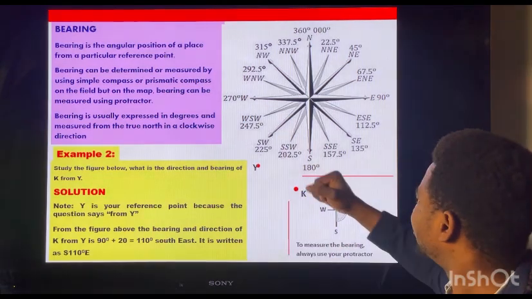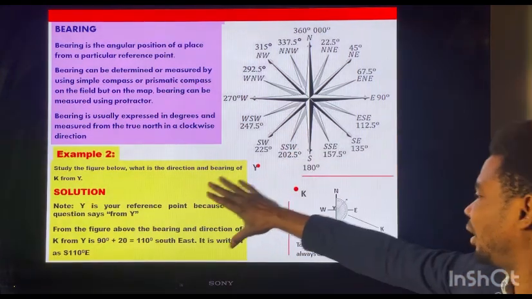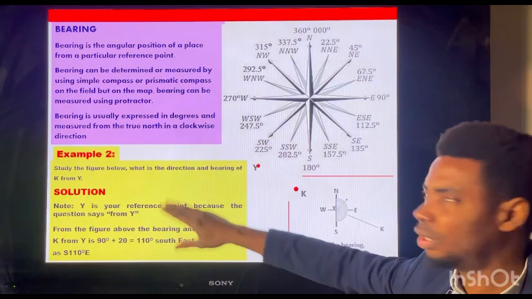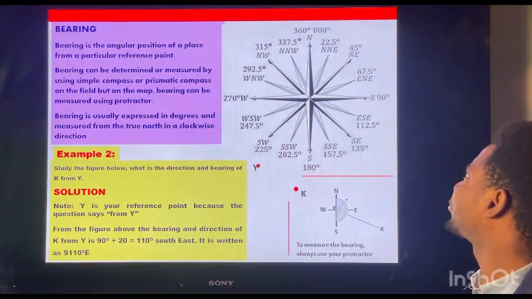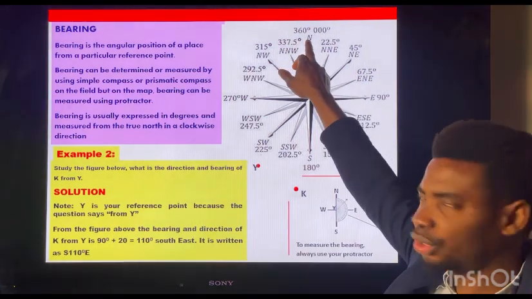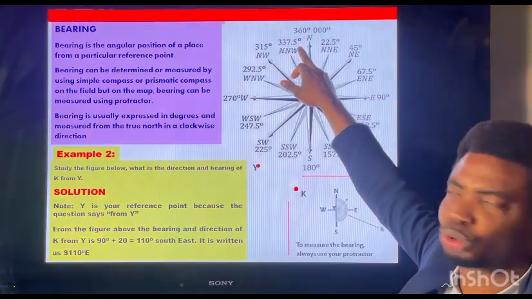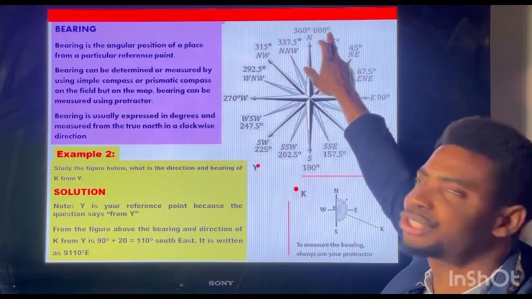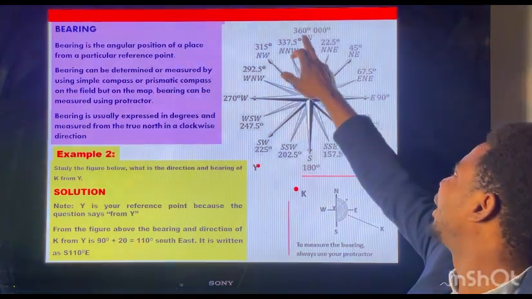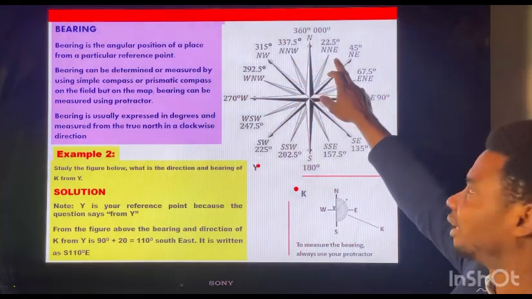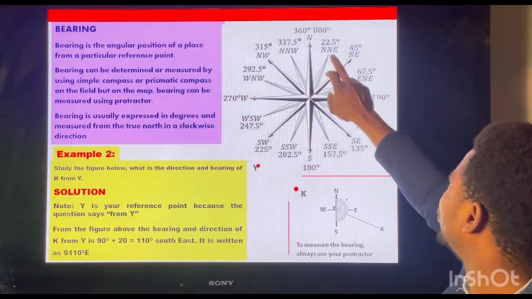Now look at this. But before we even treat the example, look at the cardinal points and look at the bearing. This is your north, and your north corresponds to 0 degrees, and from there you can move in this clockwise direction.